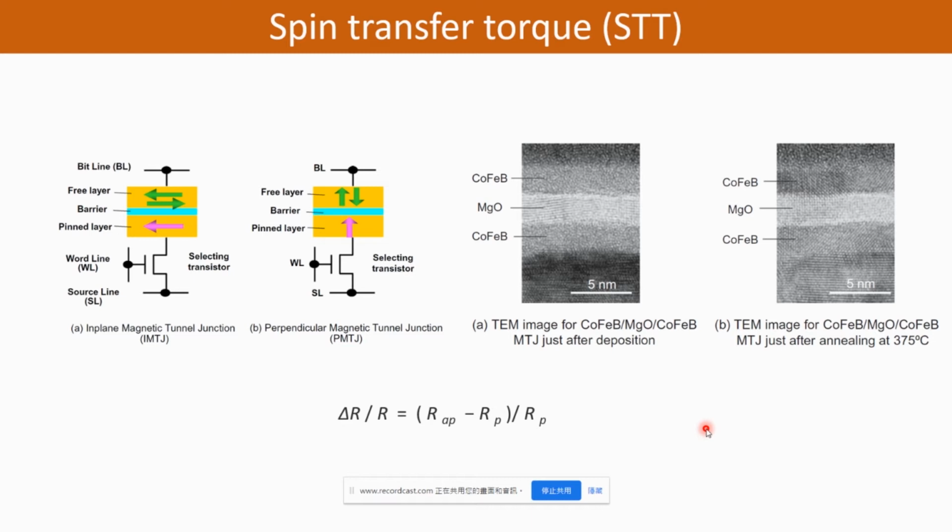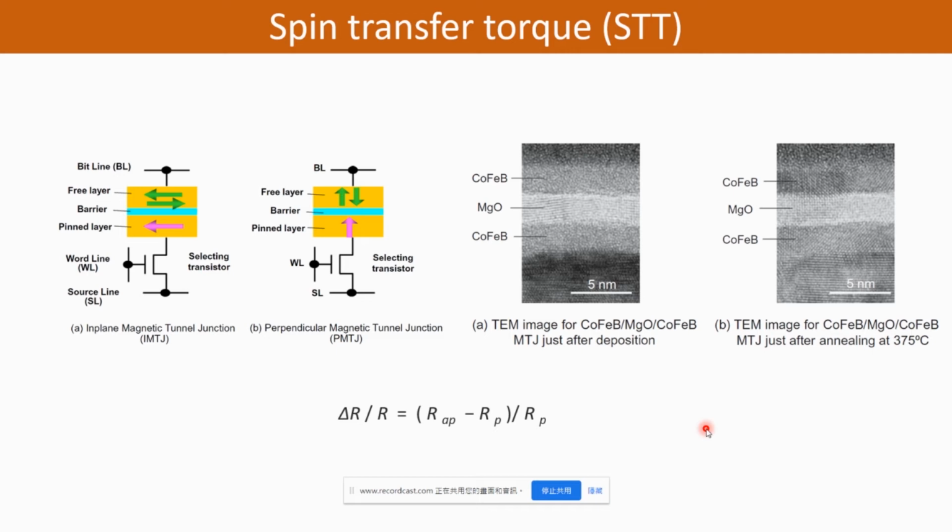The magnetization direction of one ferromagnetic layer is called the pin layer, which is fixed by exchange interaction with an adjacent antiferromagnetic layer, and the magnetization direction of the other ferromagnetic layer is called the free layer, which can be freely rotated.